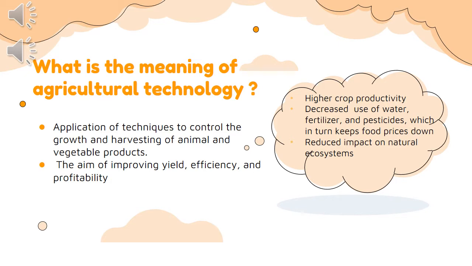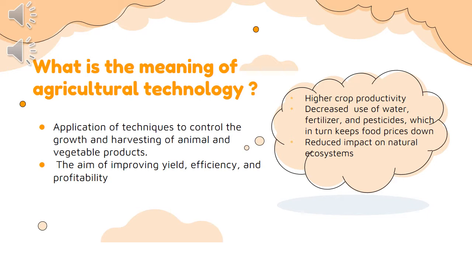Besides, it can also be described as the application of techniques to control the growth and harvesting of animal and vegetable products. Agricultural technology is also important in this era because it increases crop productivity, decreases use of water, fertilizer and pesticide, reduces impact on natural ecosystems, and increases worker safety. In addition, robotic net technologies enable more reliable monitoring and management of natural resources, such as air and water quality.